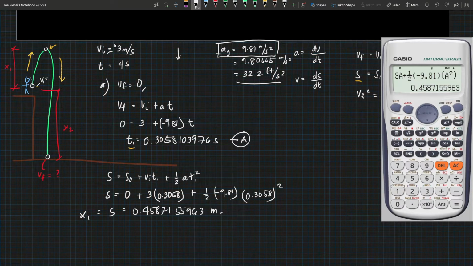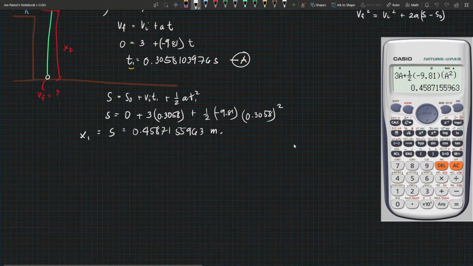So, let's try din itong ating third formula para ma-solve. Let's try lang. So, we have the final velocity, Vf squared. Substitute ko na lang agad siya, parang checking lang.